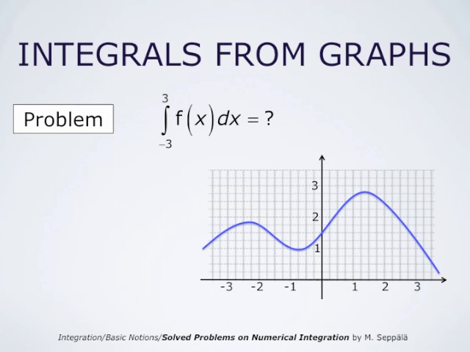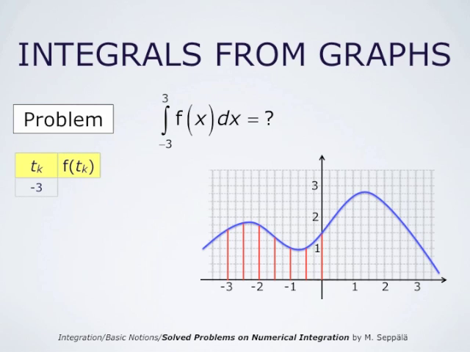In order to estimate the integral from -3 to 3 of f of x dx by left Riemann sums, we next need to estimate the value of the function f at the left endpoints of these subintervals, and that must be done by using this figure. On the negative side, we have 6 subintervals, and the value of the function at the left endpoints of these 6 subintervals can be estimated from this figure.